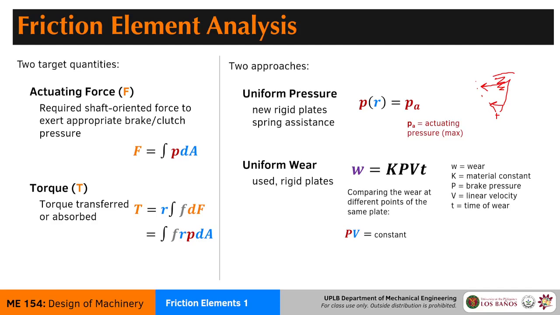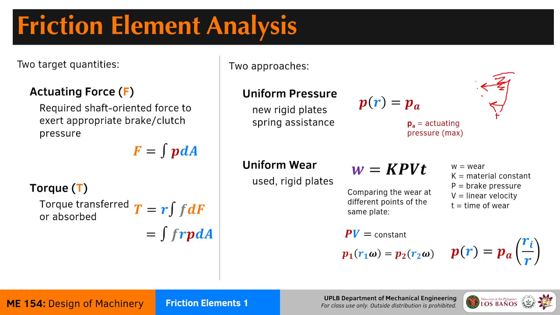And we can derive a relationship of the pressure with respect to the location of the point. So in uniform wear, your pressure actually decreases as you move further and further away from the shaft. So those are the two models.